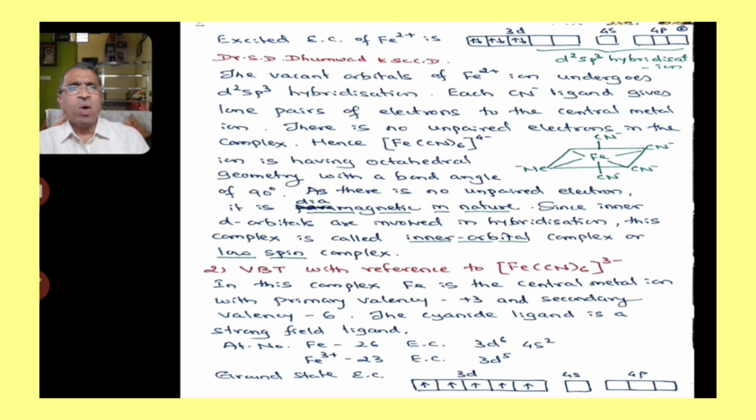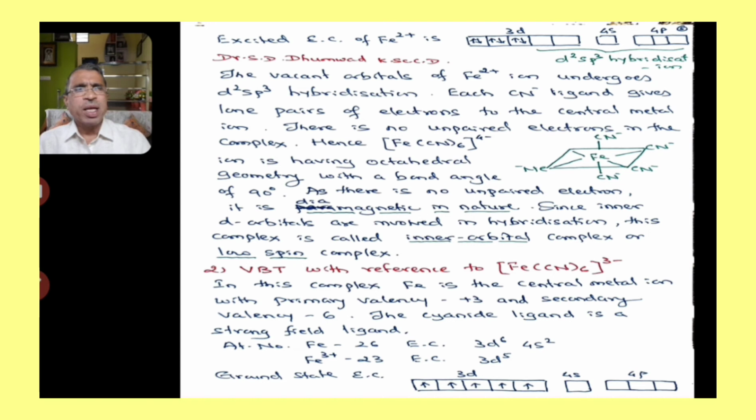Since inner d orbitals are involved in hybridization, this complex is called an inner orbital complex or low spin complex. So this is how you have to give the explanation whenever a complex ion is given and you are asked to explain it with the help of valence bond theory. In your syllabus, they have given 6 different complex ions.